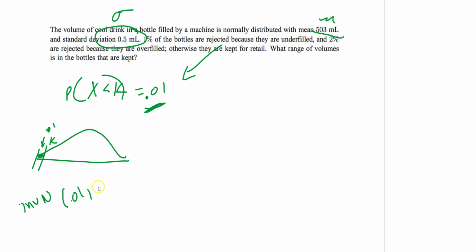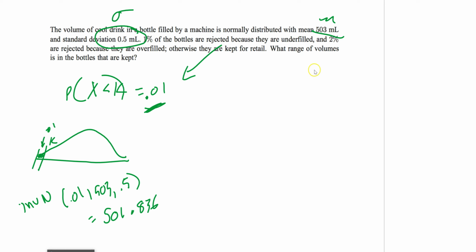They gave me all the information I need. Now remember, if they say standard, I use 0.1, but they didn't. And you plug that into your calculator, and you get a value. I got 501.836. So something around there for the underfilled ones. So if you're anything below this, you're underfilled.